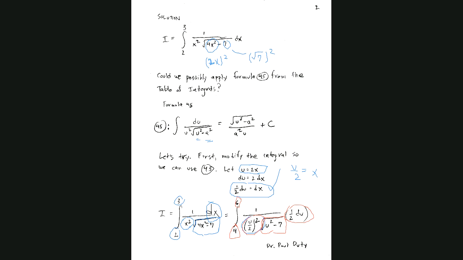So the x squared has to be written in terms of u. Well, what is x equal to? If u is equal to 2 times x, then if you divide both sides of that equation by 2, you'll get that x equals u over 2. And that's why I substituted for x a u over 2 here.